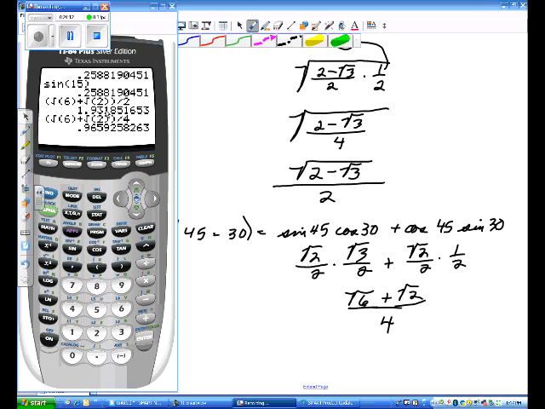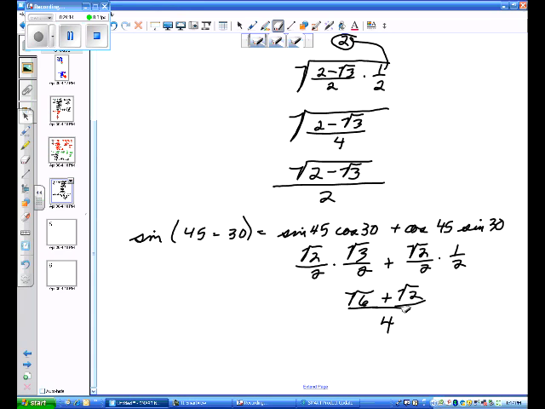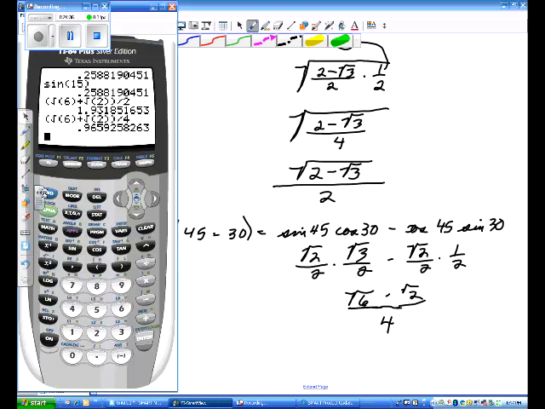Okay, I know that y'all are sitting there yelling at me saying in the formula for the sine it was a minus, and this is supposed to be a minus because it was 45 minus 30. I was working quickly and making lots of mistakes. So let's check this one now and see if we go back, do second entry, and then go back and change it to a minus.